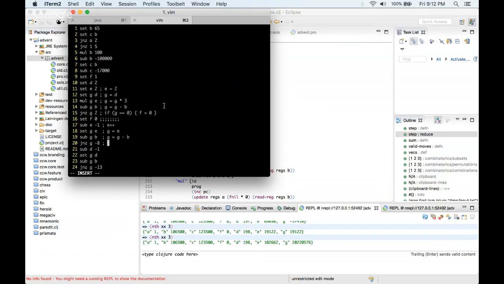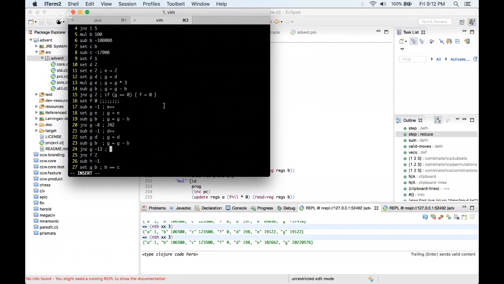So leave this here. E plus plus equals D. G equals G minus B. Okay, so this idiom keeps repeating itself in the program, which is like you're jumping back until the point you're making sure that G is equal to something else.